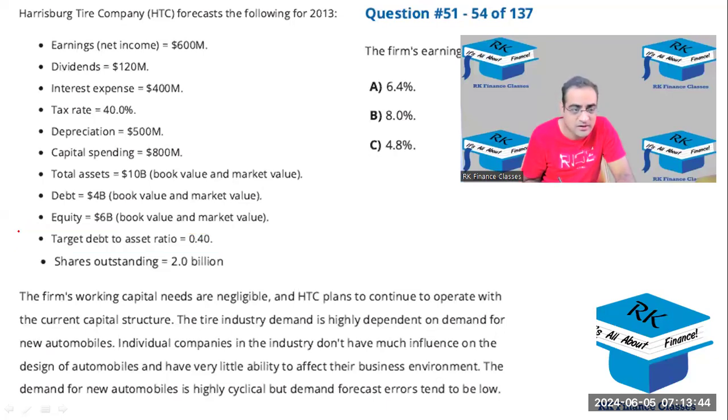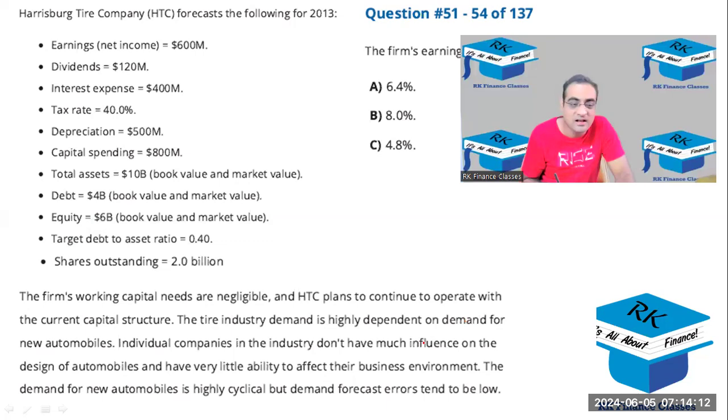The tire industry is highly dependent on the demand for new automobiles. Obviously, nobody will just go to a shop and buy a tire; you will buy a tire only when you have a car or a bike. Individual companies in the industry don't have much influence on the design of automobiles. Whatever design is selected by, let's say, Tata Motors, Hyundai or Honda, tire makers have to make tires according to it.